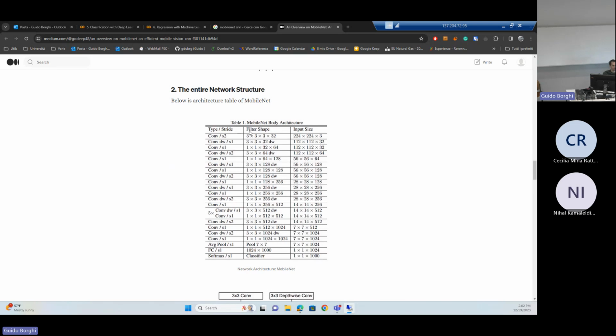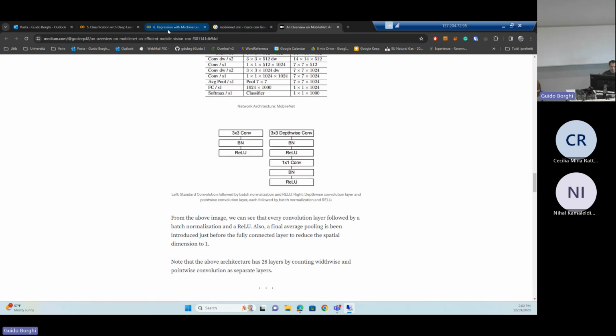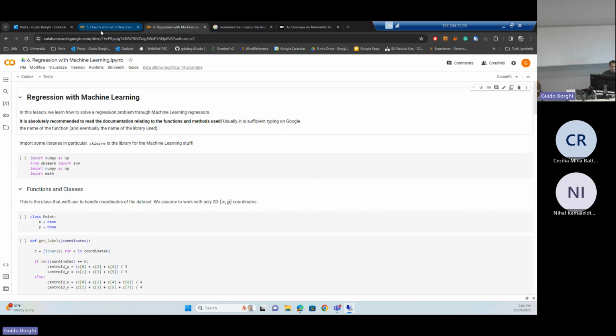Filter is the synonym of kernel. This is the matrix, the filter that we put on the image using a sliding window process and using the convolutional operation. In this case, we have 3 times 3 times 3, since we have a three-dimensional image. Or, for example, here we have a fully connected layer with this number of neurons, 1D neurons, since we have 1 times 1 times 1024.